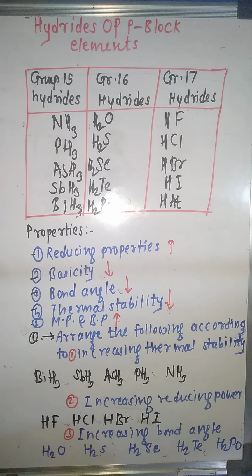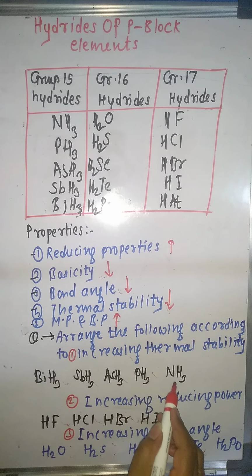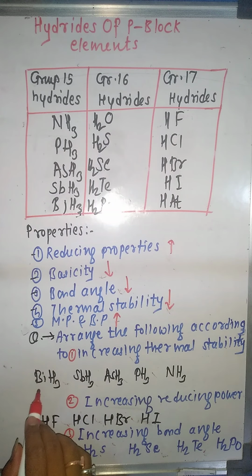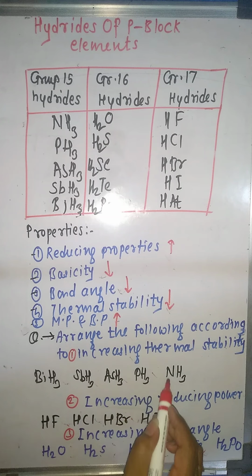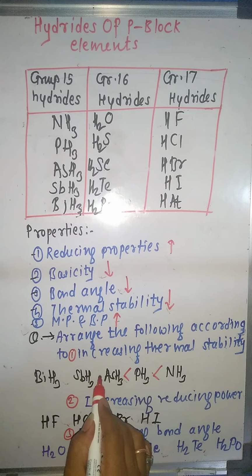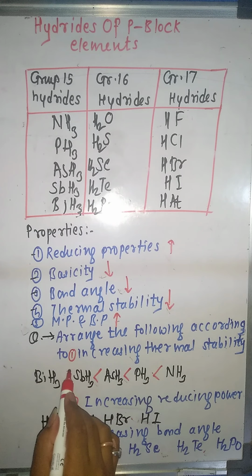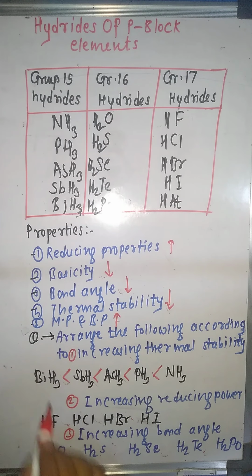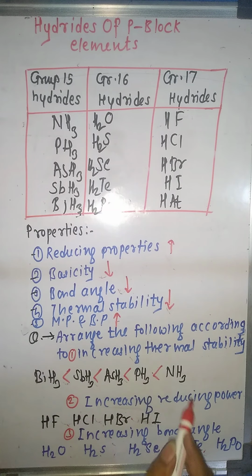Now we have seen from top to bottom thermal stability decreases, that is, hydrides of upper elements are always more stable as compared to hydrides of lower or bottom elements. Hence we can say that NH3 is thermally more stable as compared to PH3, AsH3, SbH3, then BiH3. That is, bismuthane is thermally the least stable, while ammonia is thermally the most stable.